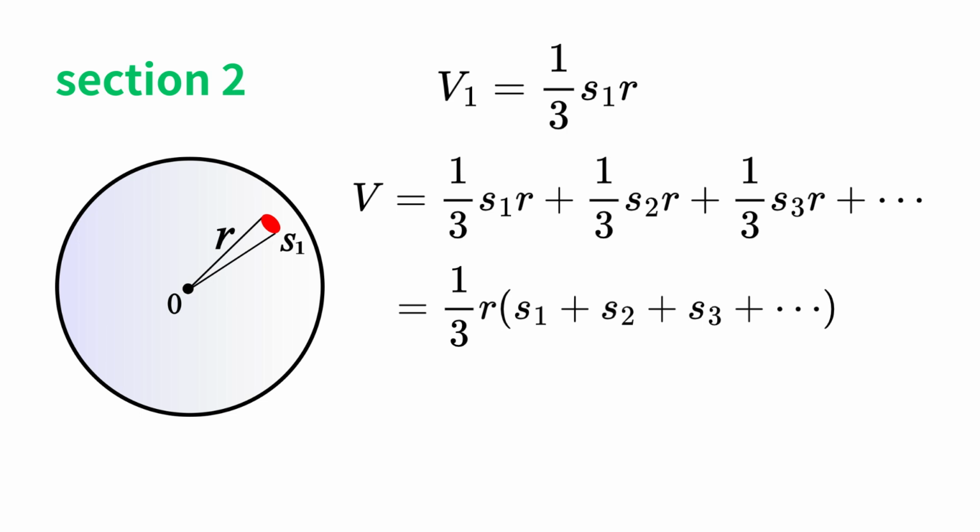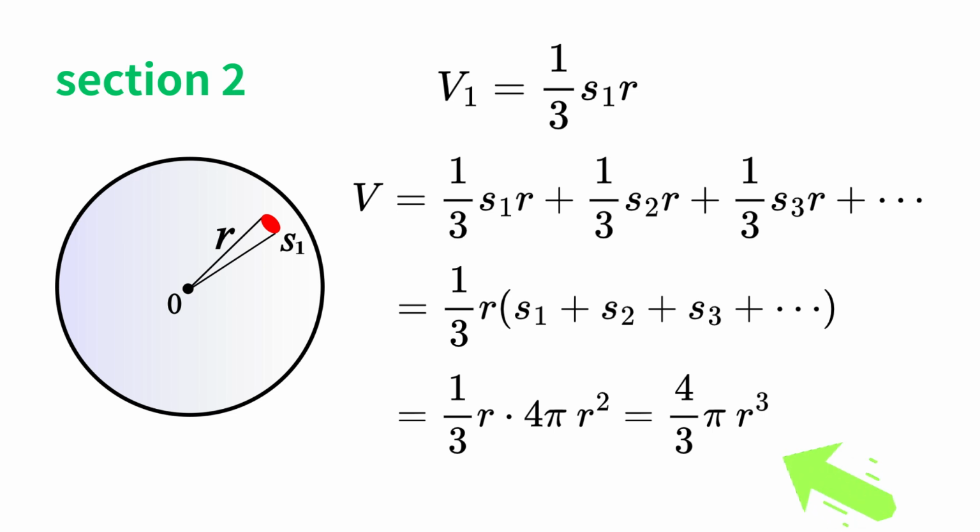The surface area of a sphere is 4 pi r squared. Substitute this in and we get V equals 4/3 pi r cubed. Did you follow that? Strictly speaking, we should also explain why the surface area formula is 4 pi r squared, but that part is often skipped. This explanation works well for people who haven't learned integration yet.